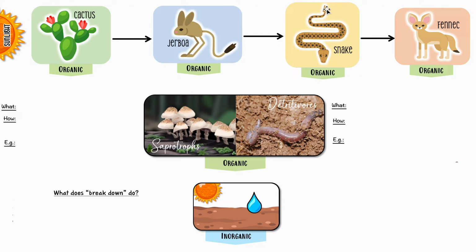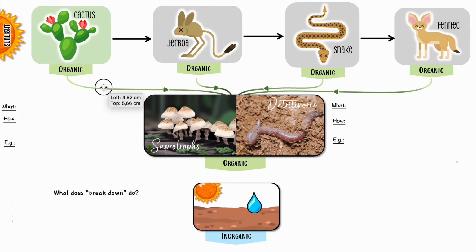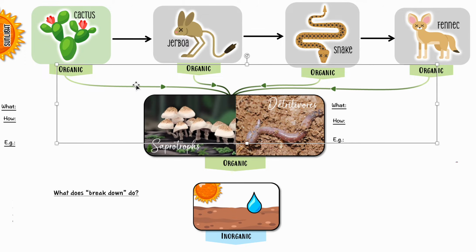There's going to be some dead parts of this snake or this jerboa lying there in the soil. Maybe this jerboa just got lost and couldn't find its homies, ran out of food and died, right? There are various reasons. But now the question is, what happens to these things that have passed away, that have died? Because it's important to consider this when we consider this whole cycle we're talking about. When they die, it's very important.